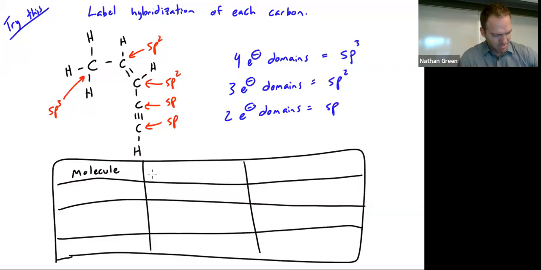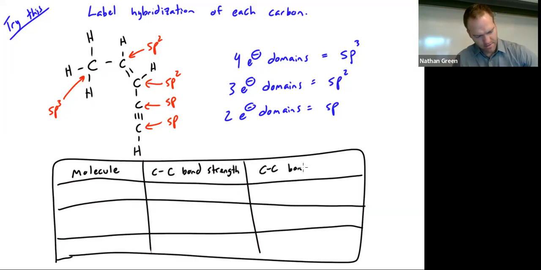We're going to talk about the CC bond strength and the CC bond length. The molecules we're going to use are ethane. There's these suffixes I was talking about.